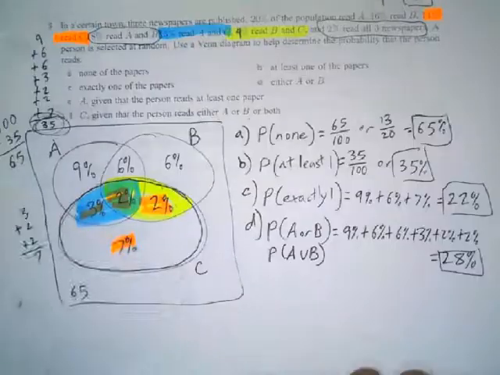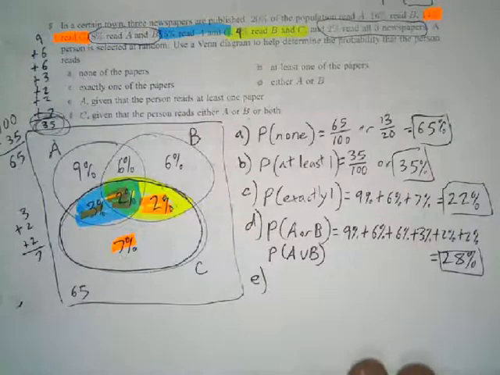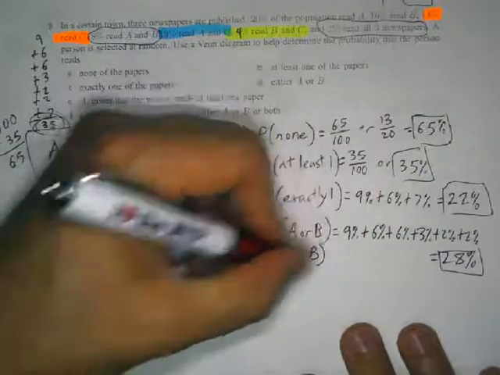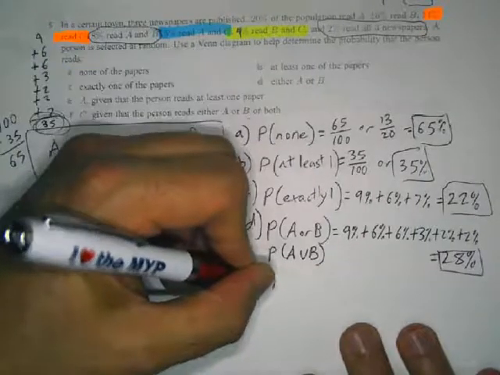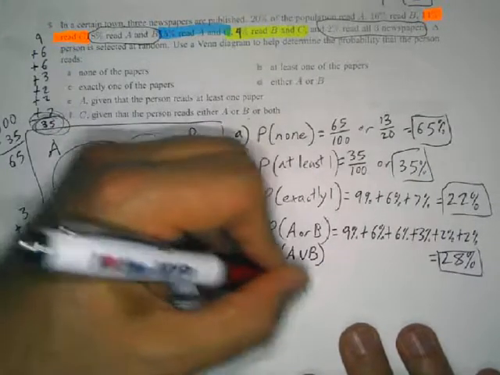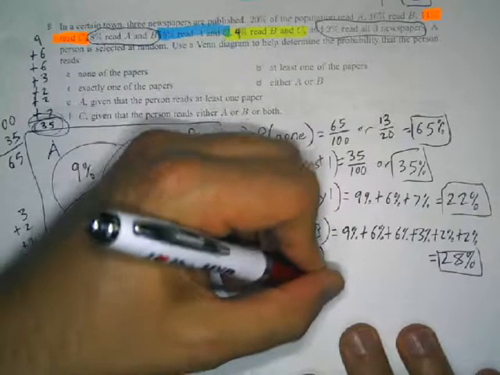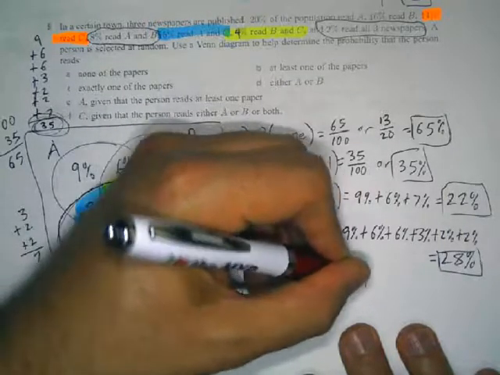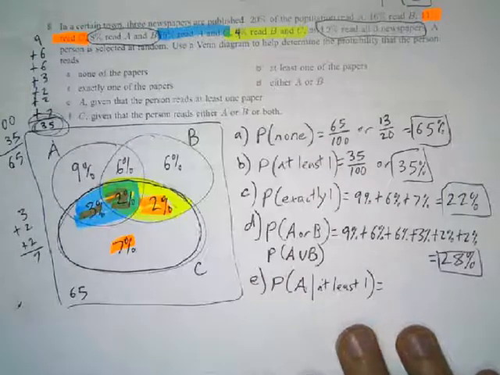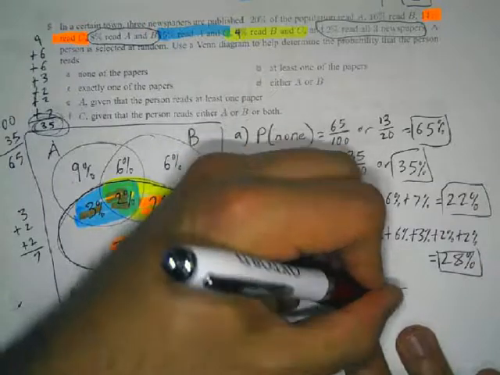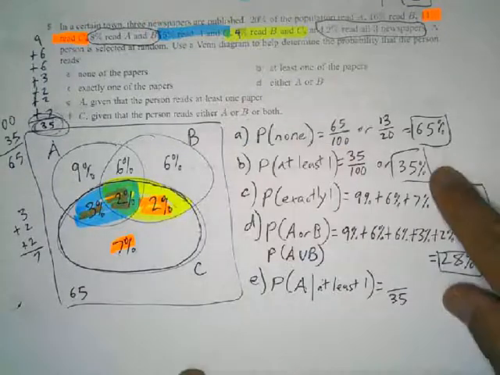Okay, let's do question E. You may want to hit pause if you need to think about it. So, the probability of E is A given at least 1. Okay, so at least 1, our denominator is 35 from problem B here.